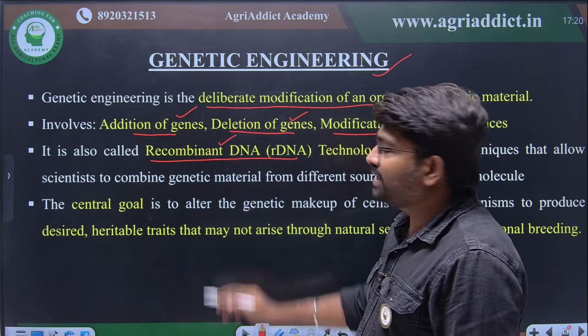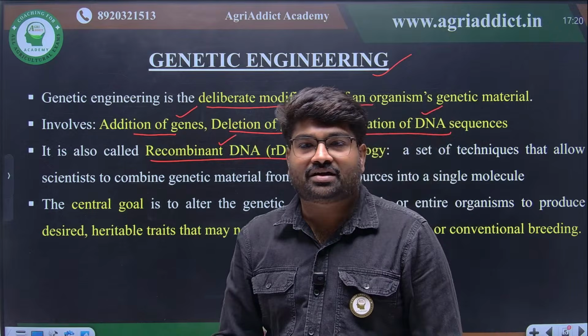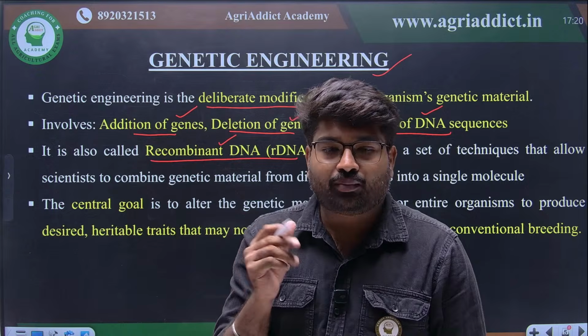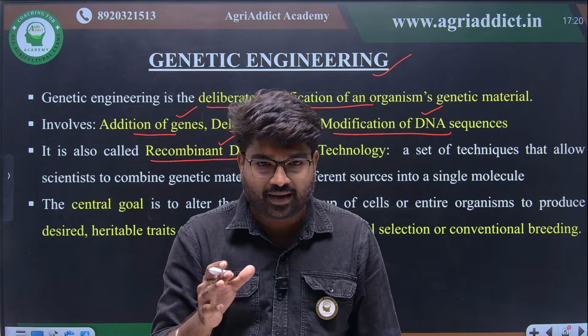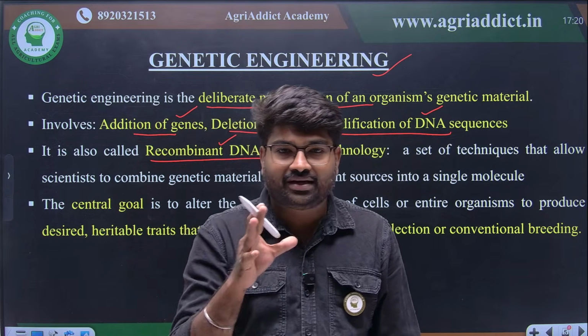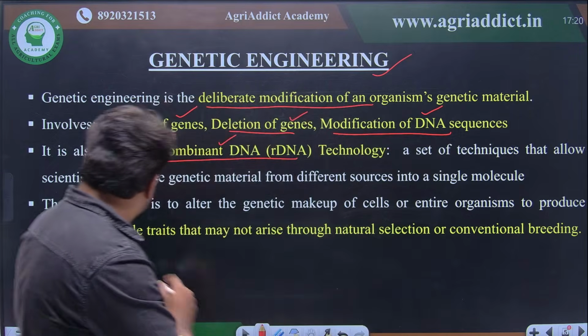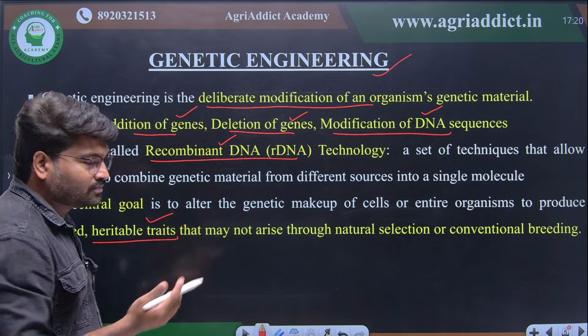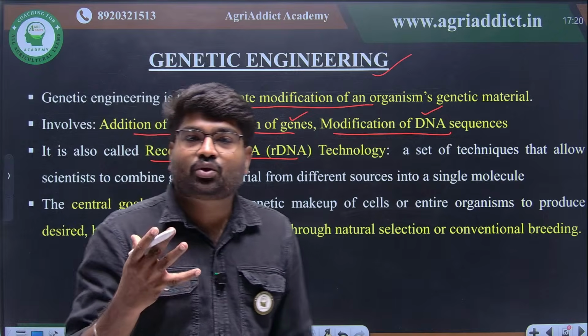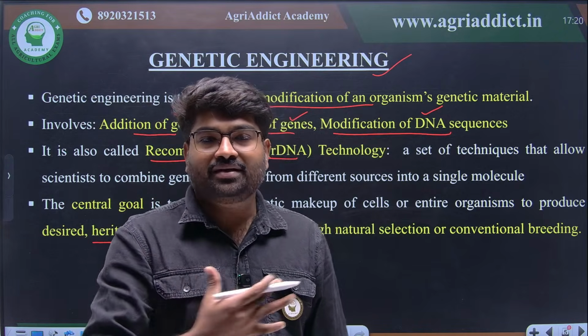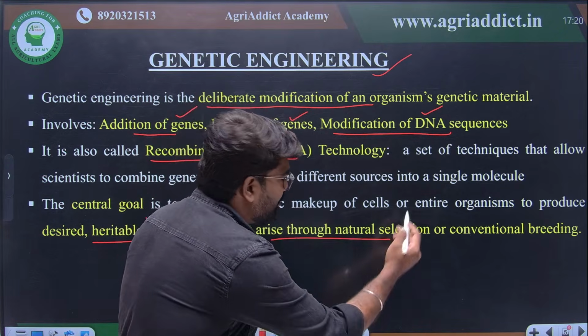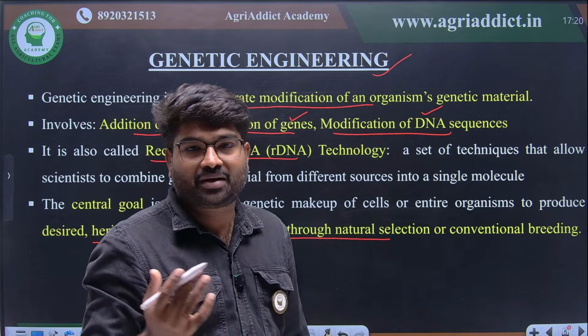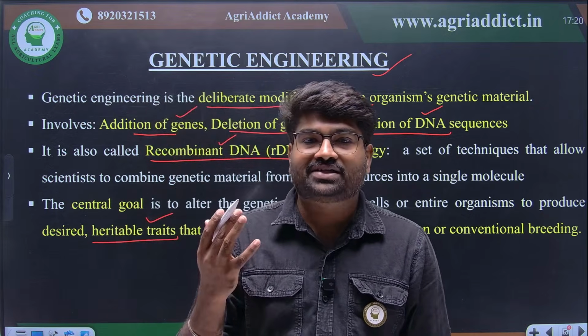Why, sir, do we have to learn about recombinant DNA technology? The central goal of this recombinant DNA technology is that some heritable traits that do not arise through conventional breeding can be obtained through it. This is the purpose of studying genetic engineering.